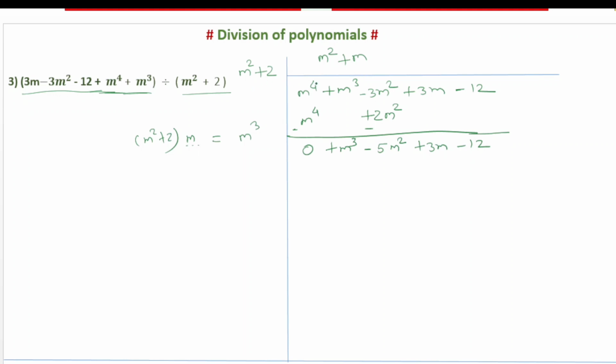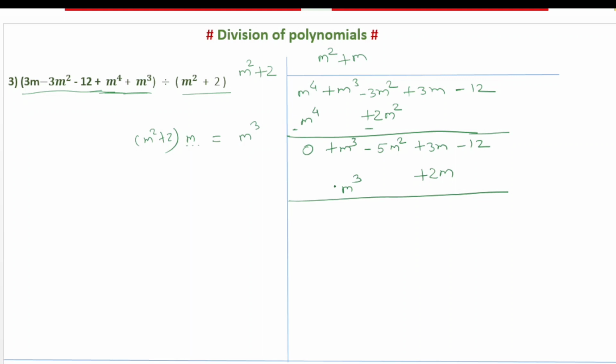M into m² gives m³, and m into 2 gives 2m, which we write below the term of m, the coefficient of m, below the 3m.